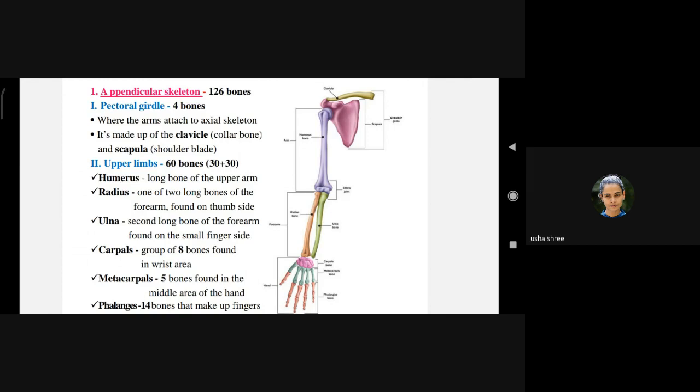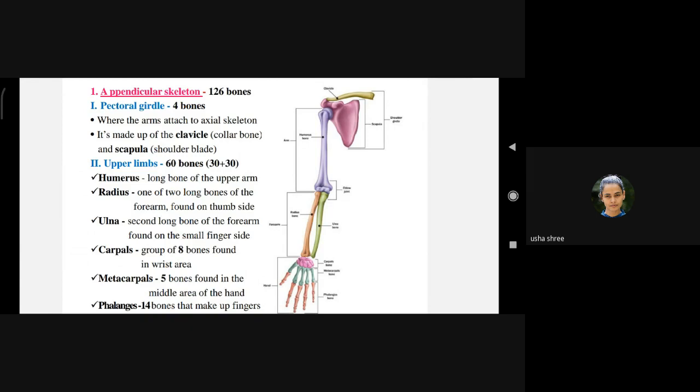You can see here in the picture, the radius is depicted in orange and the ulna in green. They are the two long bones of the forearm, the radius on the thumb side and the ulna on the small finger side. Okay, so till now we have discussed three bones: humerus, radius, and ulna.